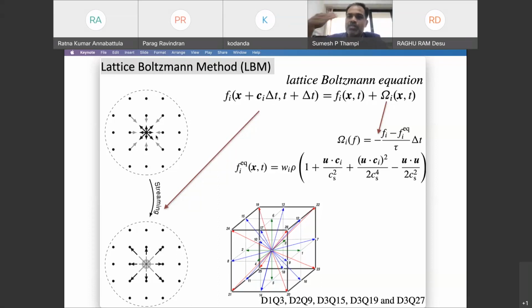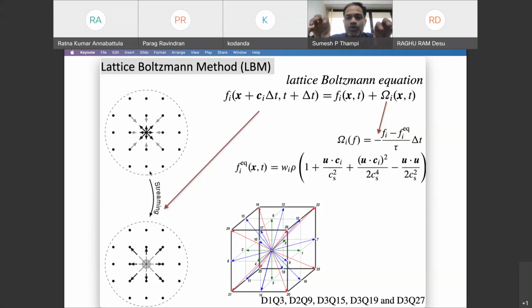This process is continued, and that becomes essentially equivalent to solving the lattice Boltzmann equation. There are no nonlinear equations that you need to solve, and no finite difference operations. Everything is just two operations, called streaming and collision.